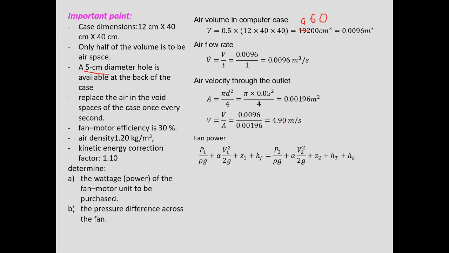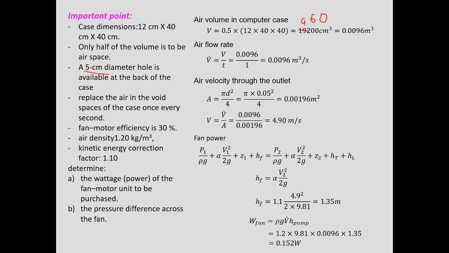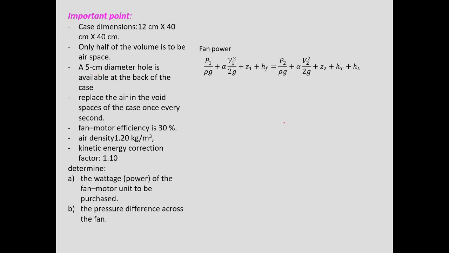For the fan power, let's go to the second slide. Again using the Bernoulli energy equation. P1 is from the open space, so P1 can be considered to be 0.